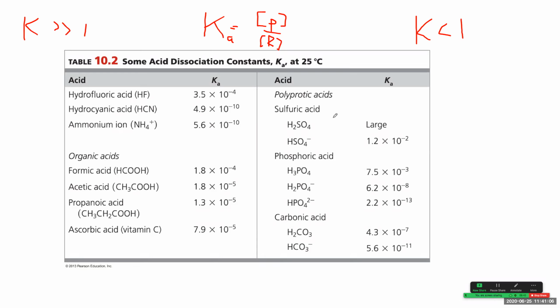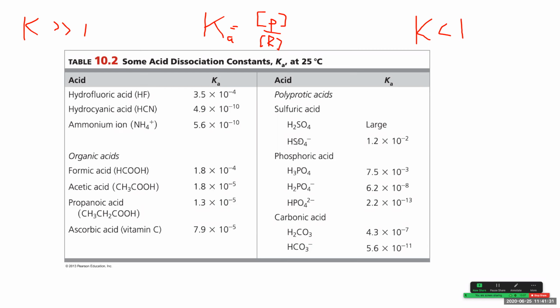There are other kinds of acids. There are these acids called polyprotic. These are monoprotic acids. They have one hydrogen, one proton that comes off. The polyprotic acids have more than one hydrogen that comes off. In the case of sulfuric acid, H2SO4, the first proton that comes off to form hydronium ion is a strong acid proton.